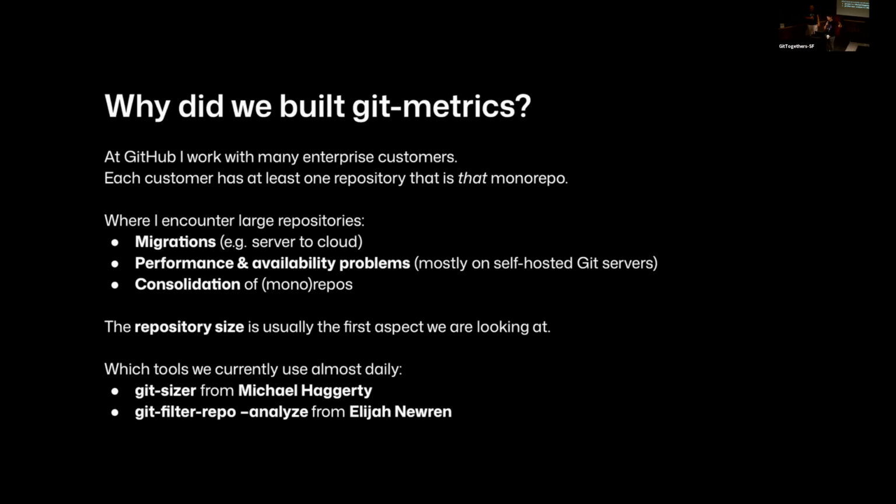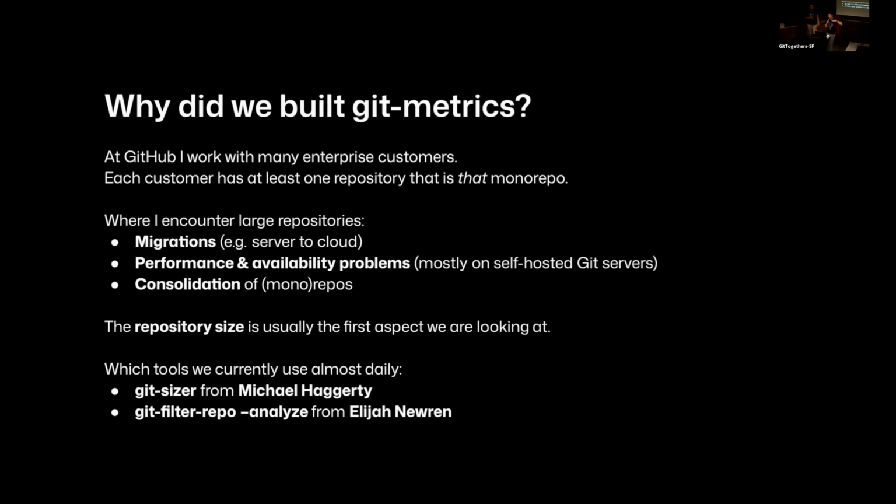It can also be many other large repositories that customers have, obviously. And I encounter these when we help customers with migrations, for example, from server to cloud. Then sometimes they also have performance or availability issues, mostly when they host it themselves on their server.